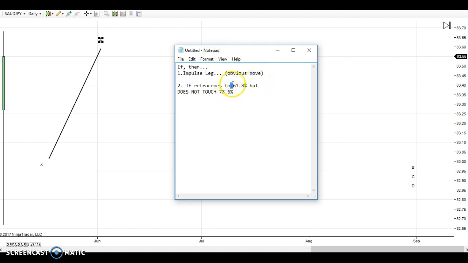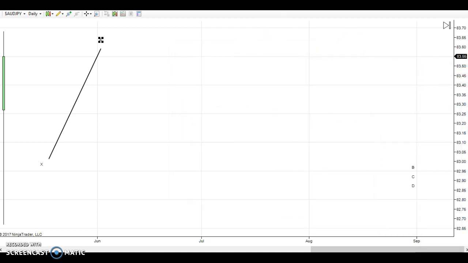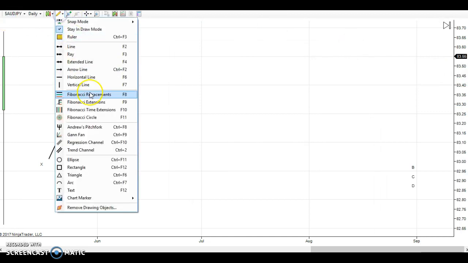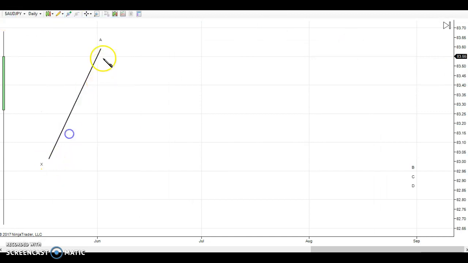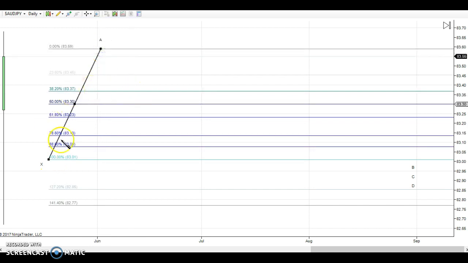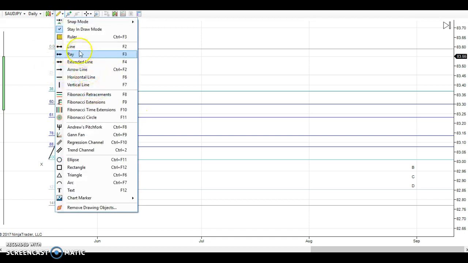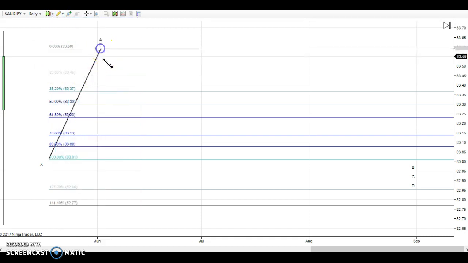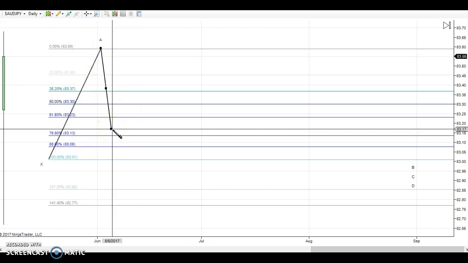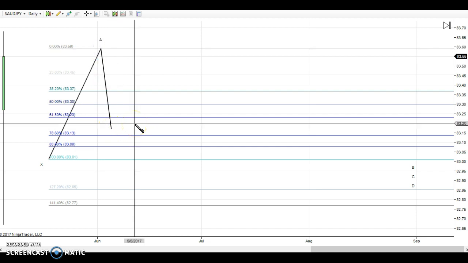So we want to touch the 61.8 but do not want to touch the 78.6. So let's bring out our Fibonacci retracement and start from X and go to A. So we want it somewhere here in this zone. So if the market retraces back down into this zone but doesn't touch the 78.6, then it's still a valid Gartley pattern.